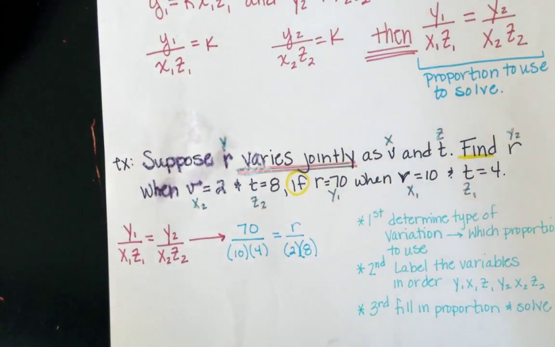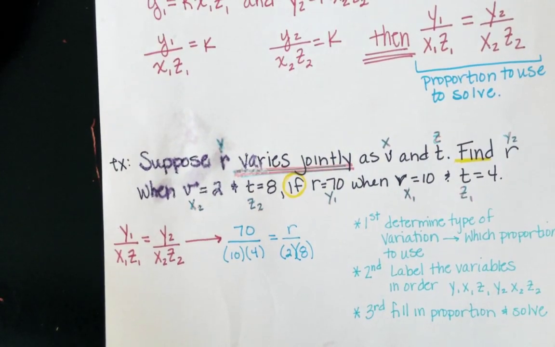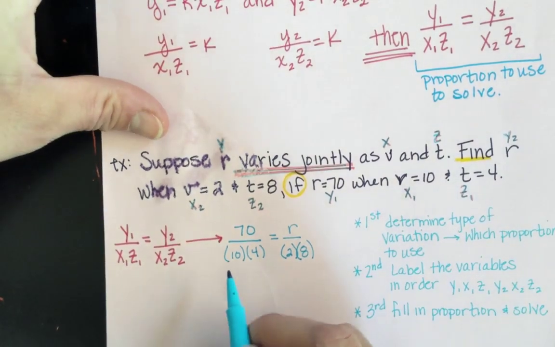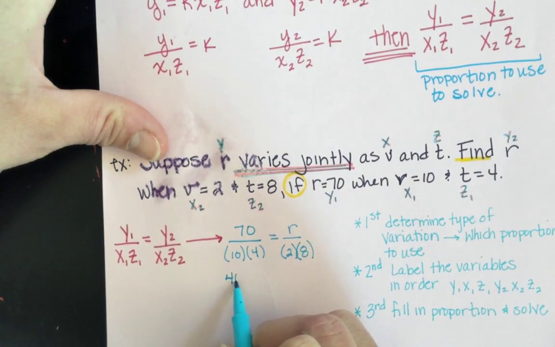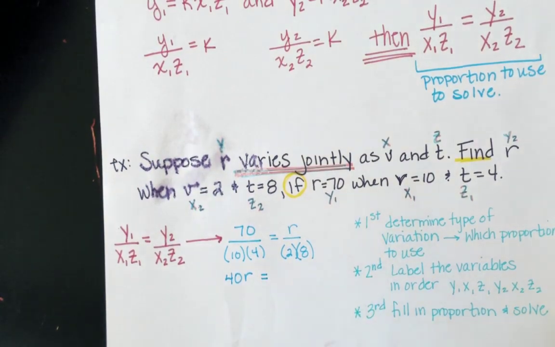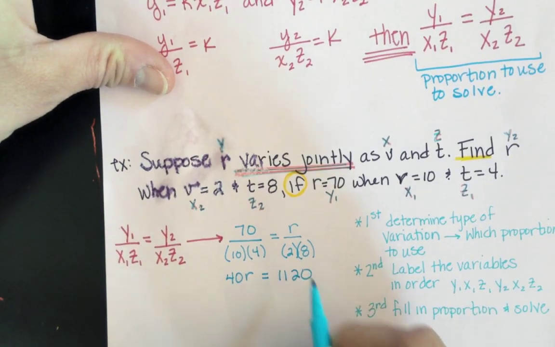And notice how, other than filling in the variable, I don't mention r, v, or t again. So when we cross multiply, we end up with 40r equals 16 times 70, which is going to be 1120.